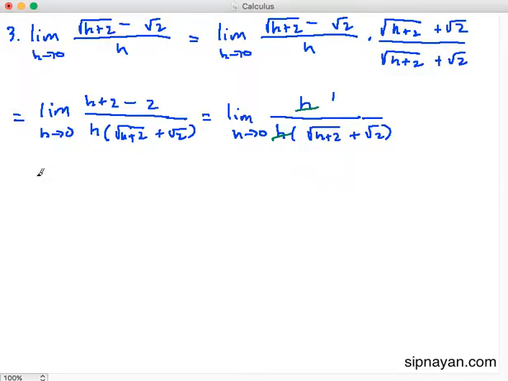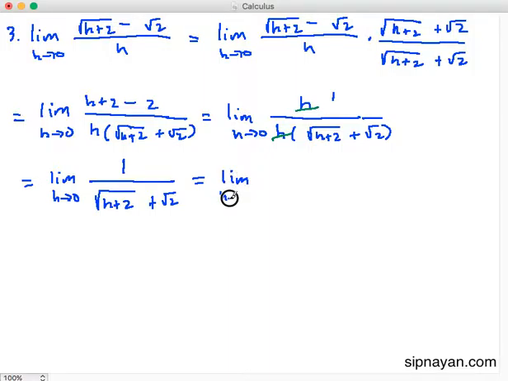So, this becomes the limit as h approaches 0 of 1 times square root of h plus 2 plus square root of 2, which is equal to the limit as h approaches 0 of, maybe pwede na tayo mag-substitute.